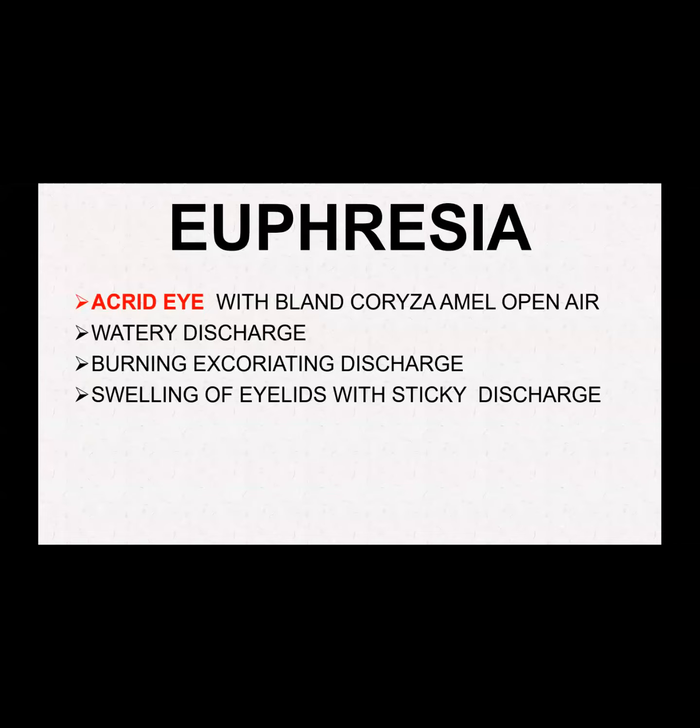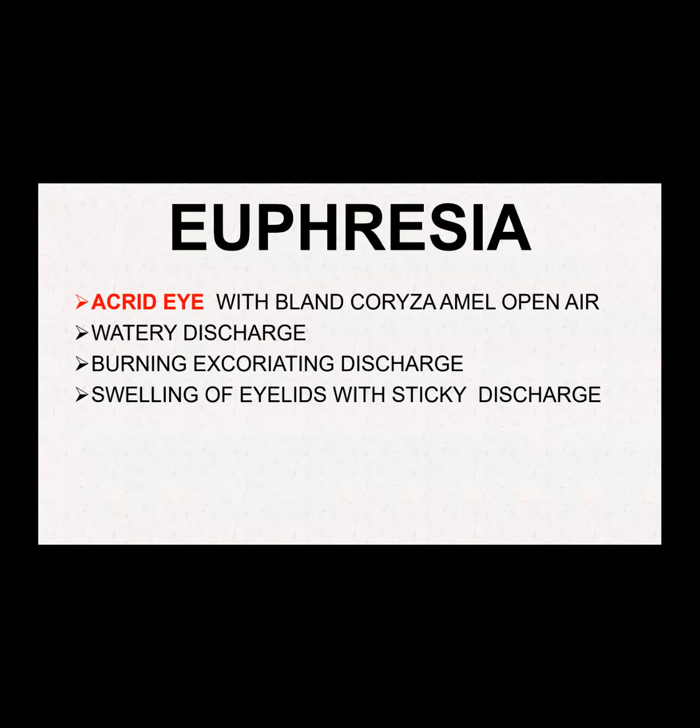So there will be burning along with excoriation of the nearby areas of the eye. In some cases, swelling of the eyelid is also seen, and the eyes just start to become sticky.